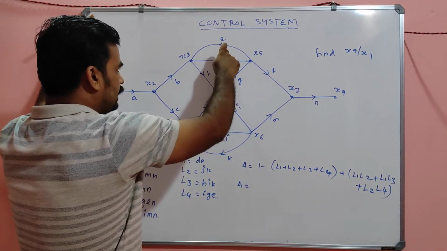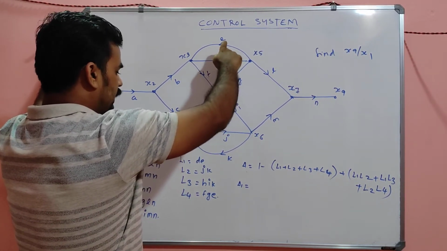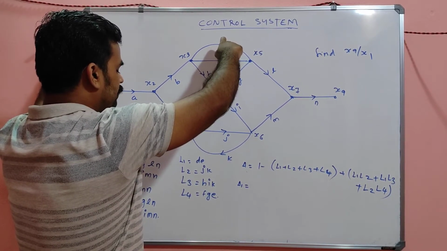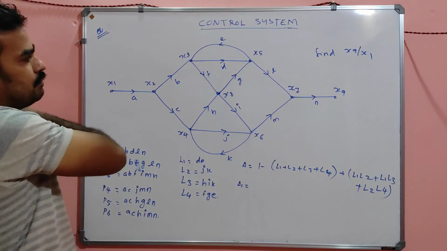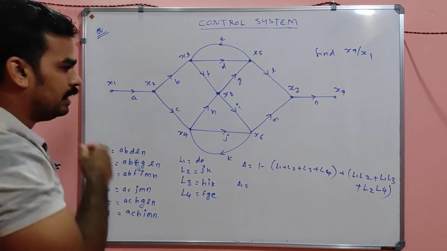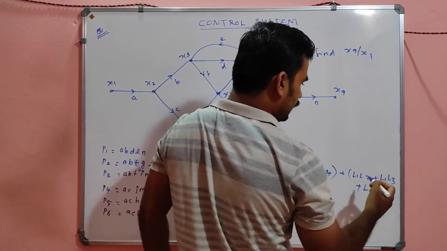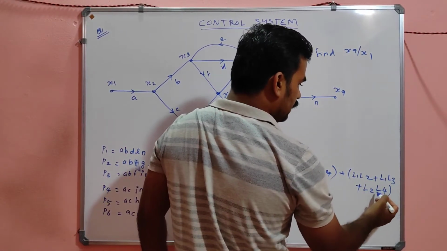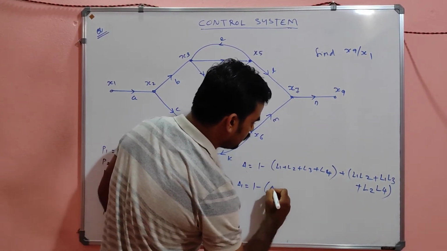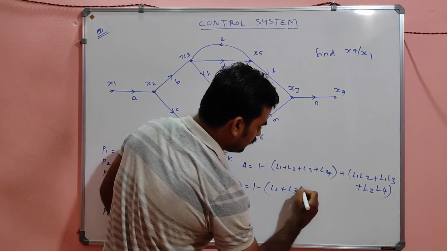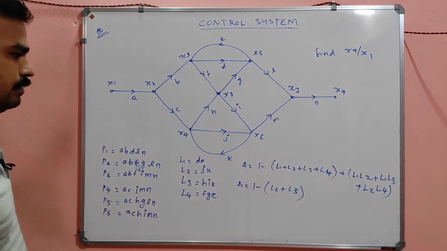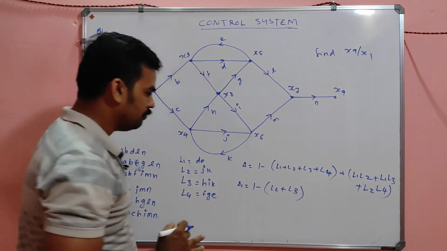So DE and FGE, that is L1 and L4, are touching the first forward path. So I have to cut L1 and L4. L1 cut means L2 plus L3 only remain. L4 is also cut, FG is also cut. So 1 minus (L2 plus L3) will be del 1.